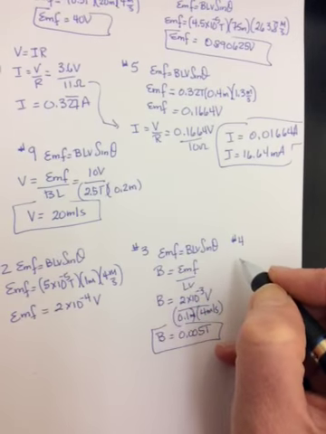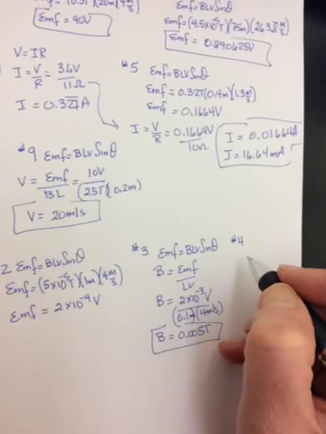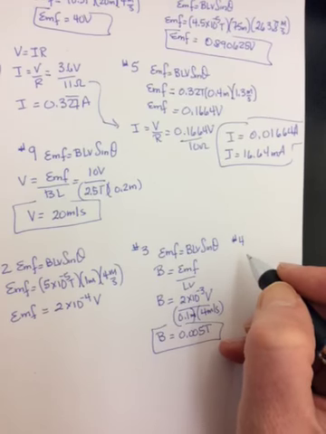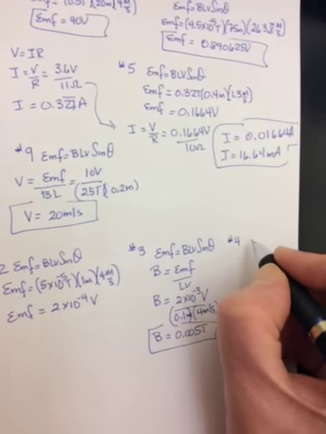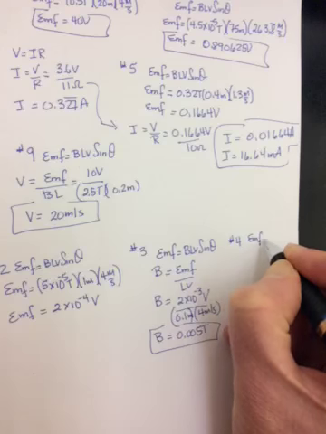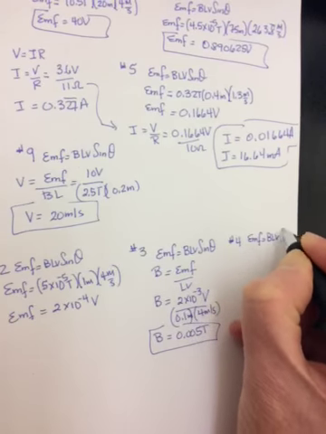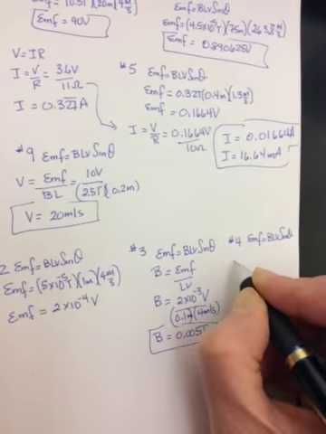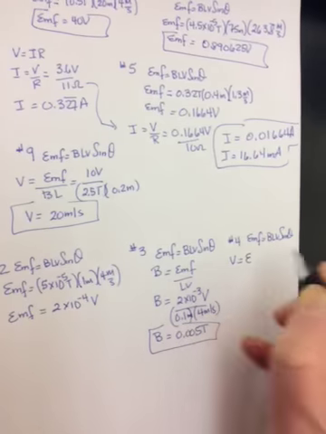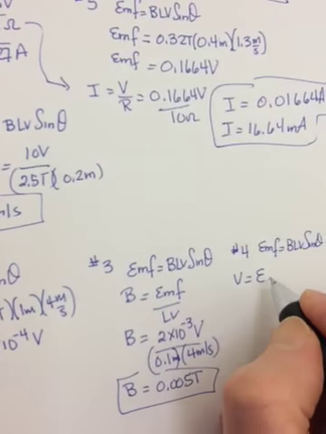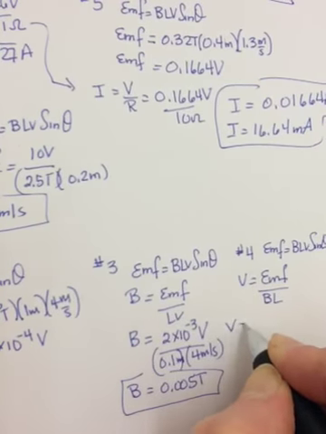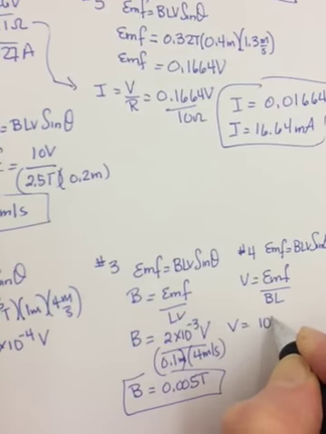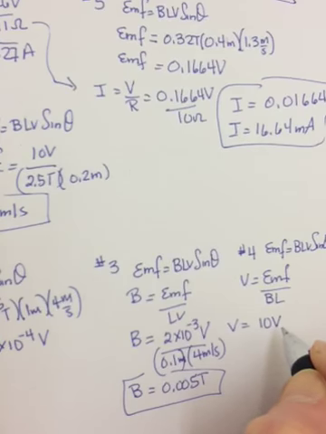Number 4. With what speed must a 0.2 meter long wire cut across a magnetic field for which B is 2.5 teslas if it's to have an EMF of 10? So again, rearranging this time for speed. And it says perpendicular, so V is equal to EMF over BL, so V is equal to 10 volts, I believe it told us.